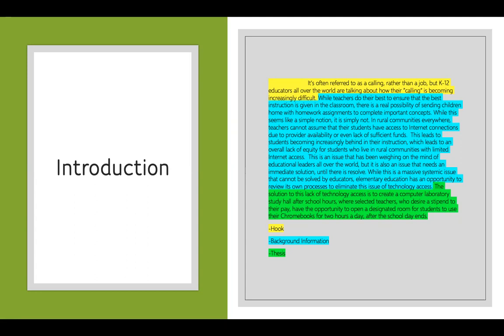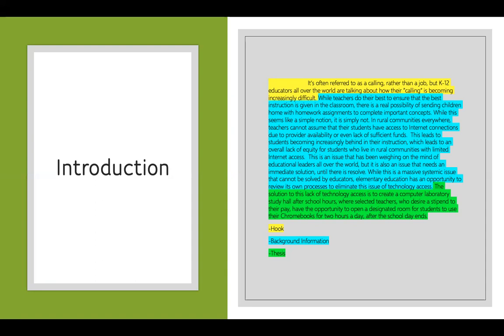While this seems like a simple notion, it is simply not. In rural communities everywhere, teachers cannot assume that their students have access to internet connections due to provider availability or even lack of sufficient funds. This leads to students becoming increasingly behind in their instruction, which leads to an overall lack of equity for students who live in rural communities with limited internet access.